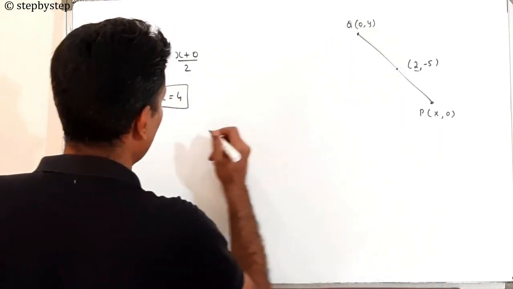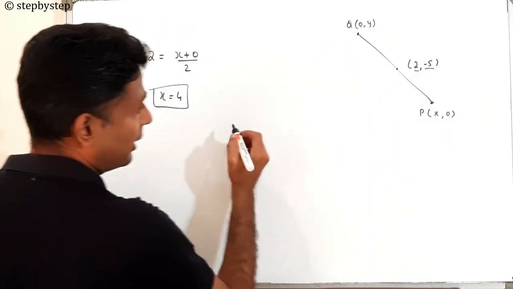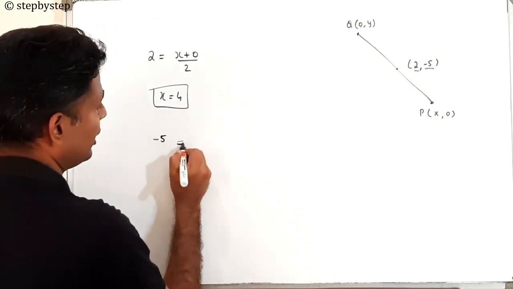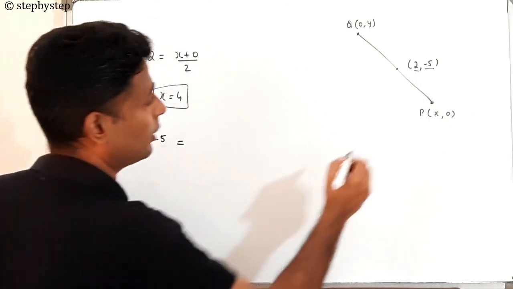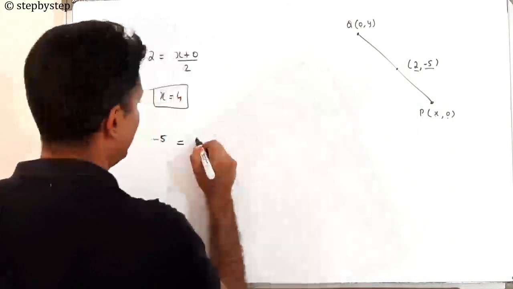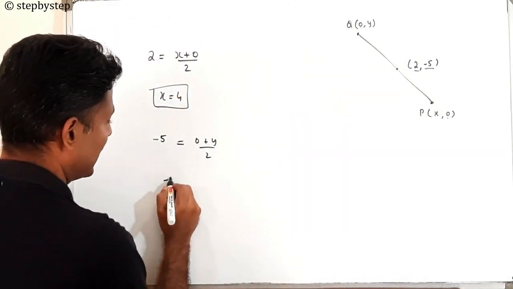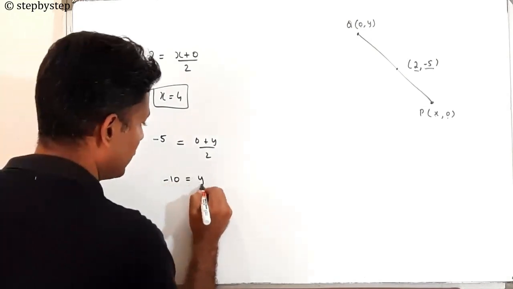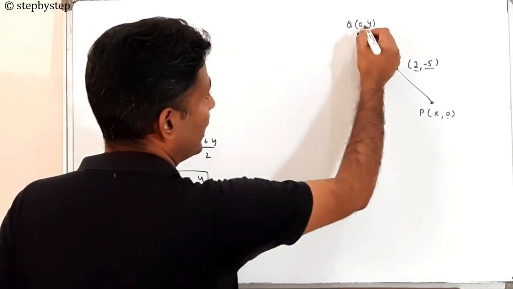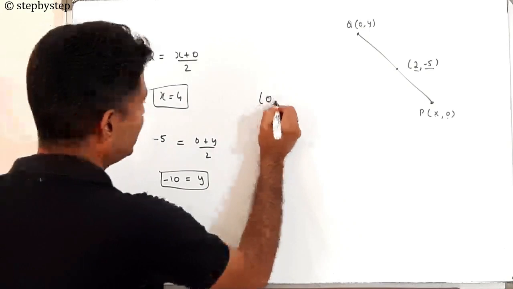Now to find the coordinate of y. What is the y coordinate in the midpoint? Minus 5. So y equals (y1 plus y2) by 2, so 0 plus y by 2. So 2 goes that side, we get minus 10 equal to y. So we got the coordinates. What are the two coordinates?